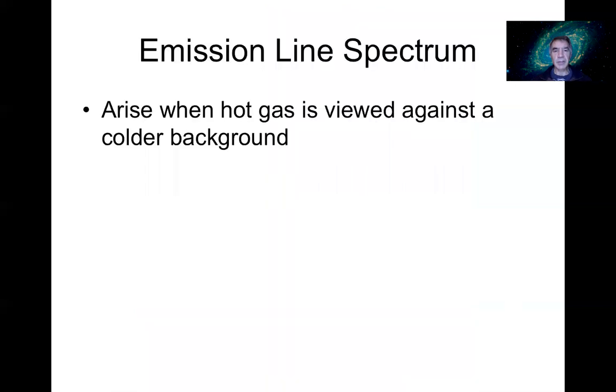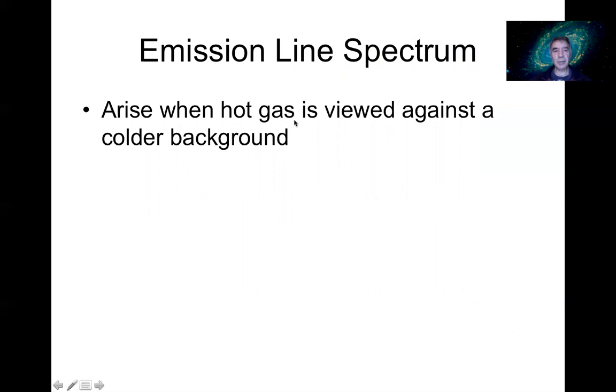Okay, so how is this gas emitting? Well, it's basically emitting through having an emission line spectrum. So this is the kind of opposite to how stellar spectra look, which have absorption lines. Here we're now talking about emission lines. And the conditions you need to form an emission line spectrum are basically the opposite of what you need to form an absorption line spectrum.